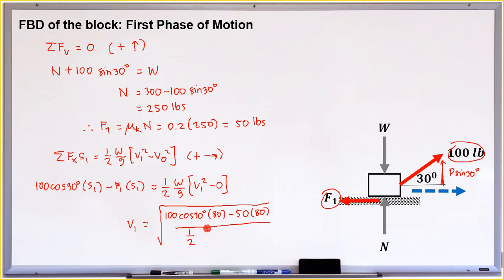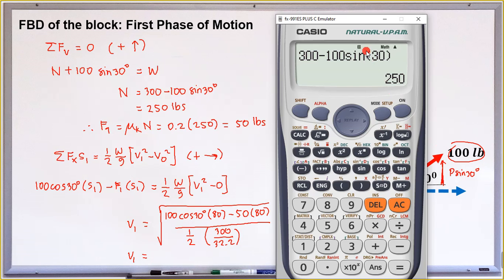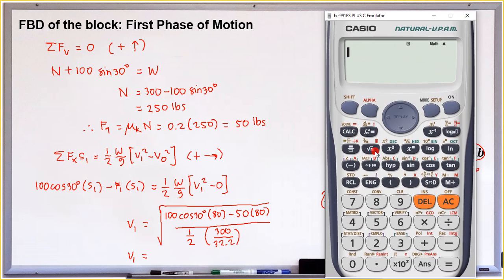So we have 1/2, the weight is 300, g is 32.2. So what is the velocity at point 1, not the initial. We factor out 80, so 80 times 100 cosine of 30 minus 50, then divide by 0.5 times 300 divided by 32.2.